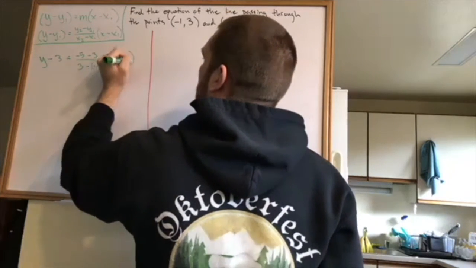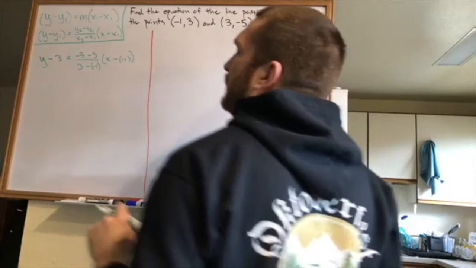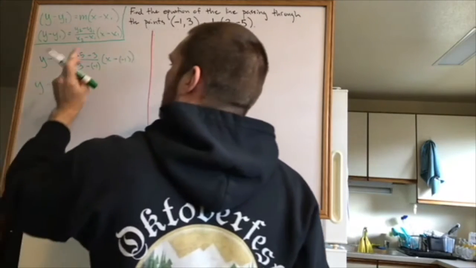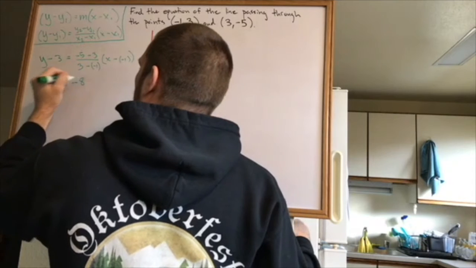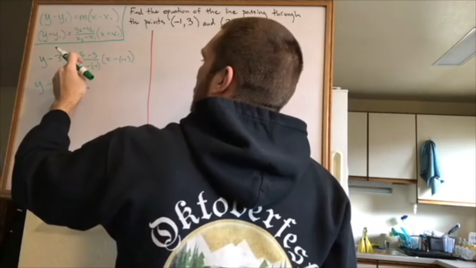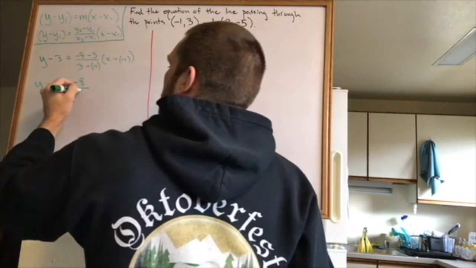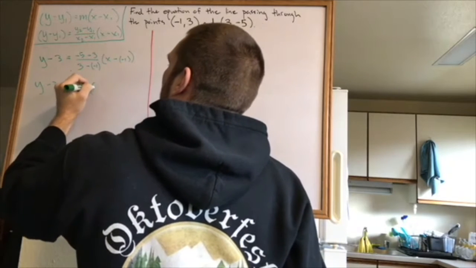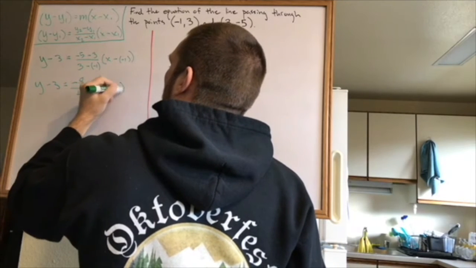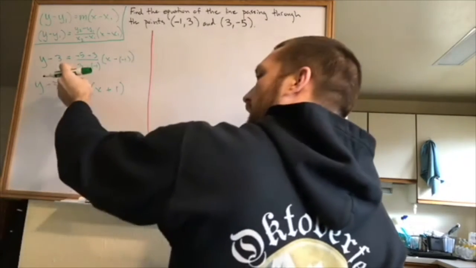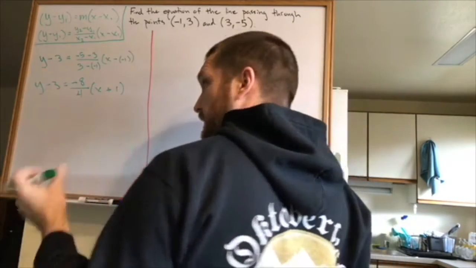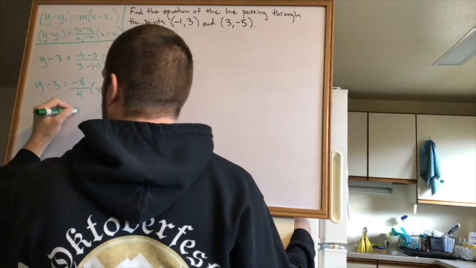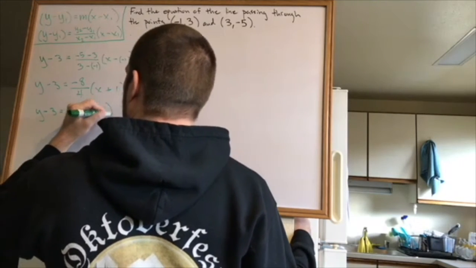Right? Yes. Okay, now let's simplify. y minus 3 equals -5 minus 3 is -8. 3 minus a negative, plus a positive, so we get a 4. Okay. x minus a negative is plus a positive, so x plus 1. Okay, -8 divided by 4 is -2. So y minus 3 equals -2 times (x plus 1).